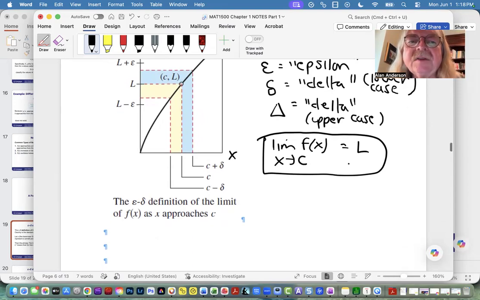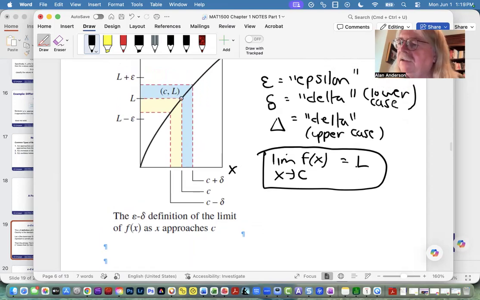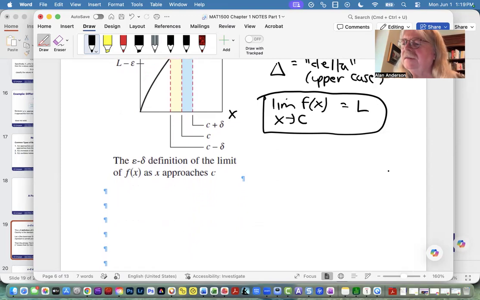So you have to think of epsilon and delta as extremely small numbers. And so what they want you to do is this. The formal definition is this.